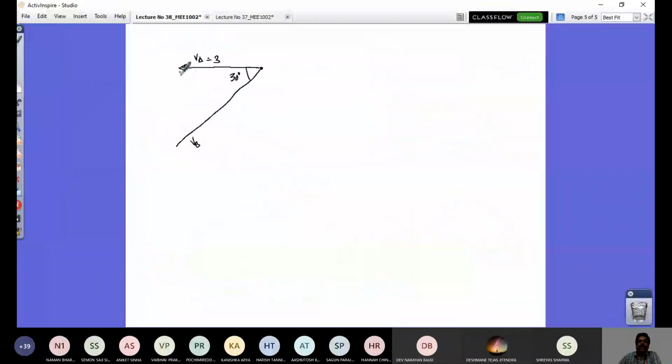So I will be marking that here. I will draw a line from here, because what is my relative velocity concept? VA plus VB with respect to A is VB. So this is what we write. VA is this, and I add this vector VBA. From the head of this, I will draw this vector at an angle of 70 degrees.